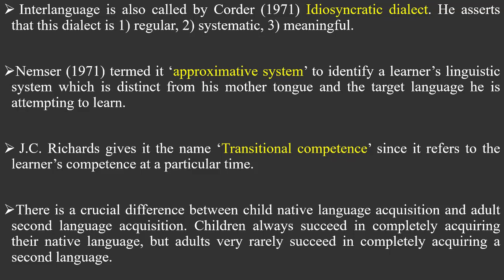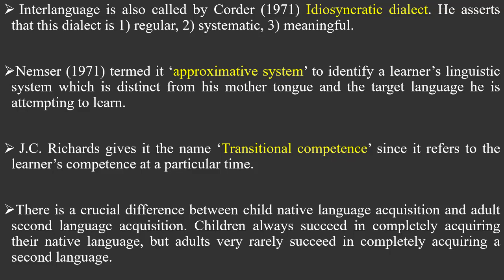There is a crucial difference between child native language acquisition and adult second language acquisition. Children always succeed in completely acquiring their native language, but adults very rarely succeed in completely acquiring a second language.